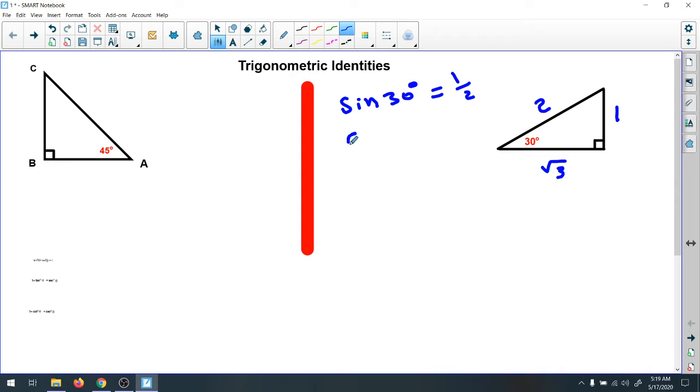So cosine of 30 degrees equals adjacent, which is square root of 3, divided by 2. So sine is the opposite divided by hypotenuse, which is 1 over 2. Cosine is adjacent divided by hypotenuse, which is square root of 3 over 2.